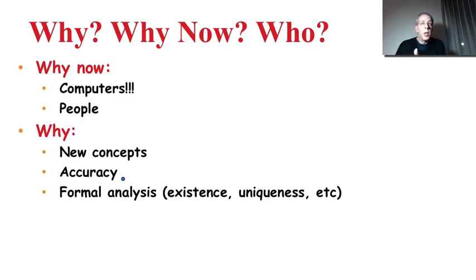The accuracy will depend on the implementation, not on the design of the algorithm. The algorithm is designed in the continuous domain, so there is no intrinsic accuracy. Depending on how much I'm willing to invest in computational resources in the implementation, that will determine the actual accuracy of the algorithm. It's not intrinsic to the algorithm.